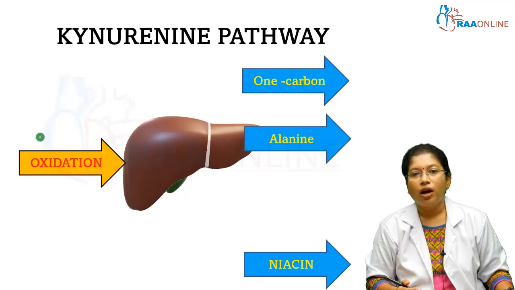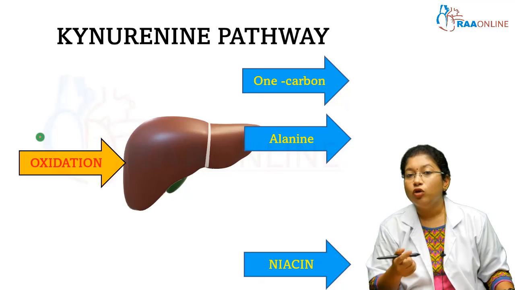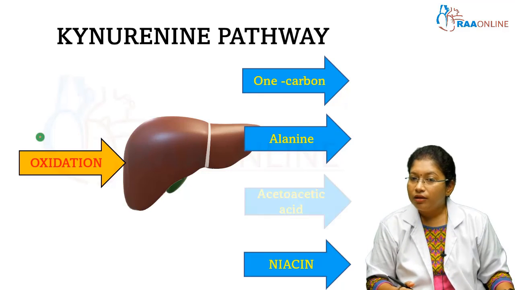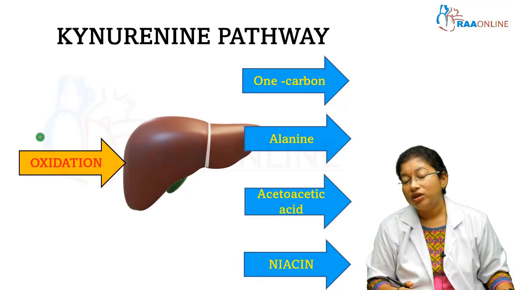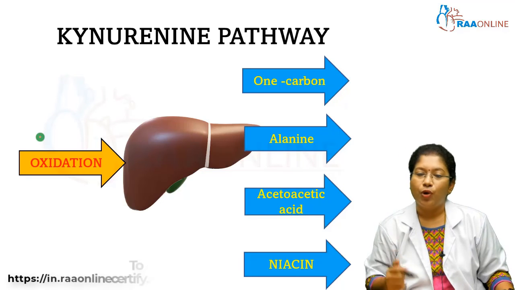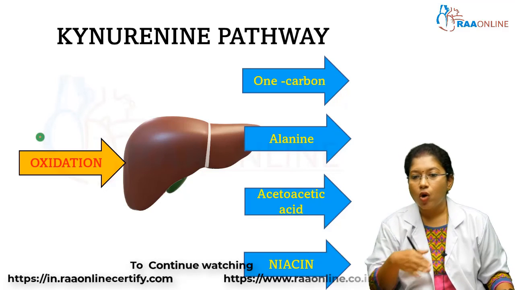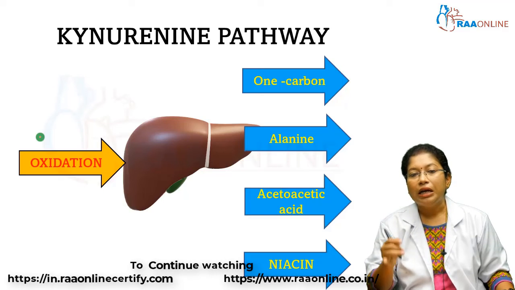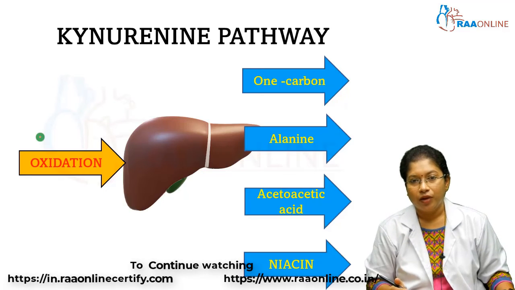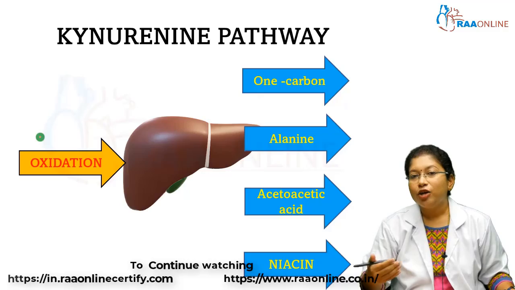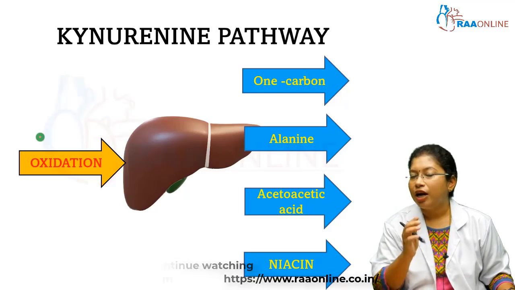Next is alanine, which is the glucogenic compound. And the third is acetoacetic acid, which is the ketogenic product. So these are the compounds formed in the kynurenine pathway. We'll see the metabolism taking place in the kynurenine pathway.